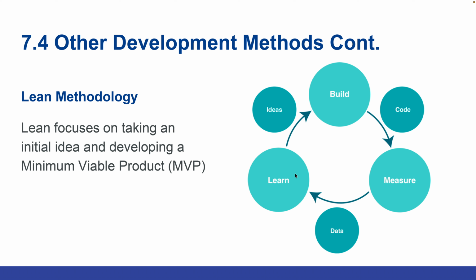Besides that, we have what we call the lean methodology, which focuses on taking an initial idea and developing a minimal viable product. So here we have an idea, we quickly come up with a prototype, we code it, we evaluate the feasibility or maybe the performance of the tool or the device or the system that we are developing, and collect data on it.